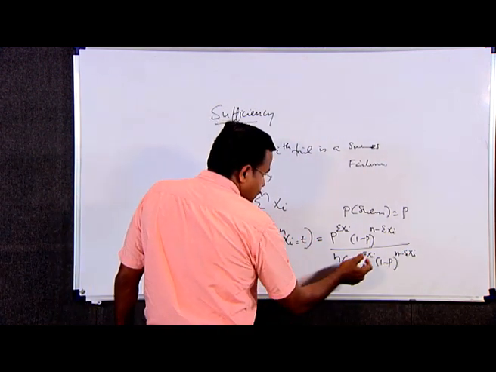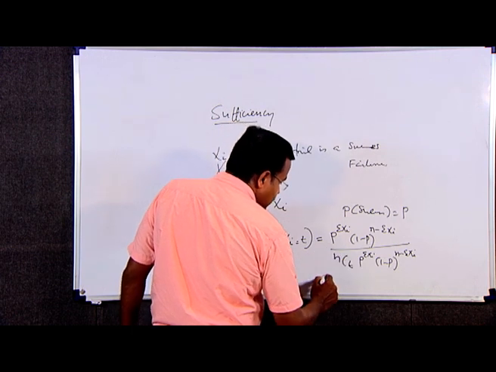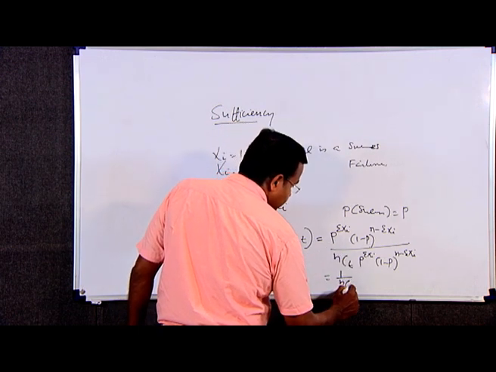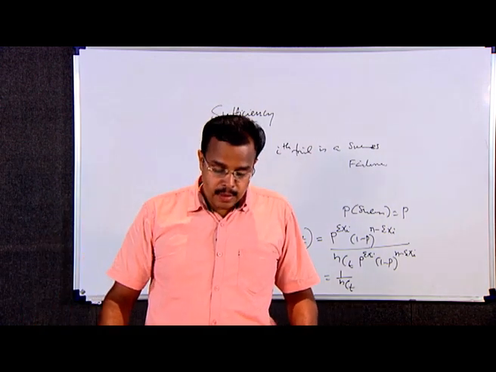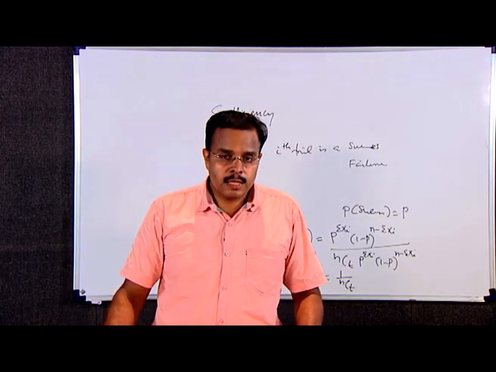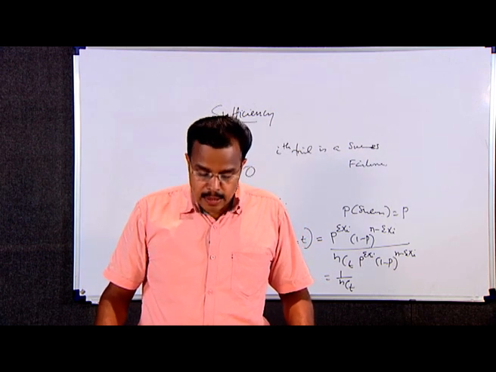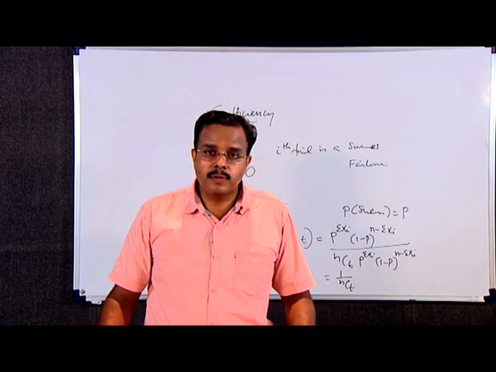The value of sigma xi is equal to T. So, we are cancelling this, and finally we get 1 divided by n C t. That means the conditional probability of x1, x2, etc. xn given sigma xi equal to T is independent of the parameter P.